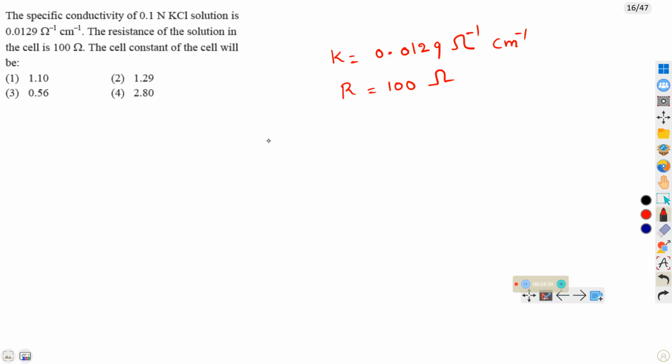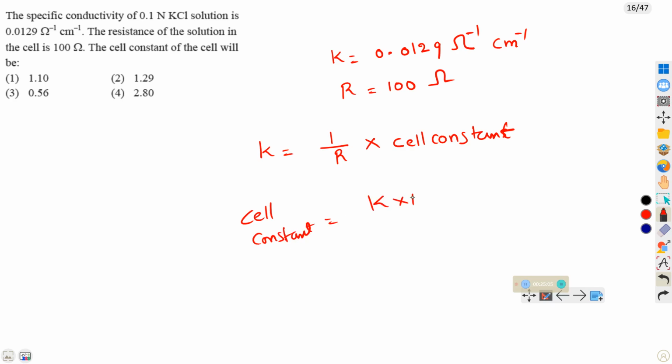The cell constant: K is equal to 1 by R into cell constant. Then cell constant is equal to K into R, that is 0.0129 into 100. Simplify, then you will get 1.29. Second option is correct.